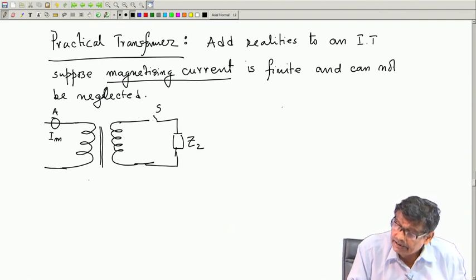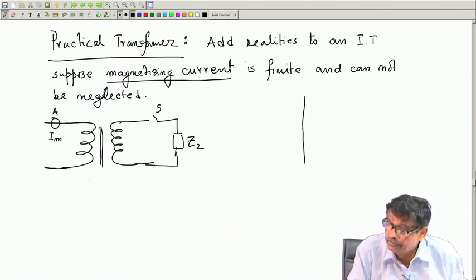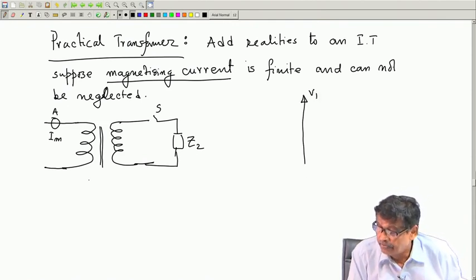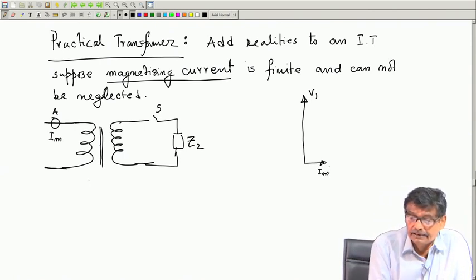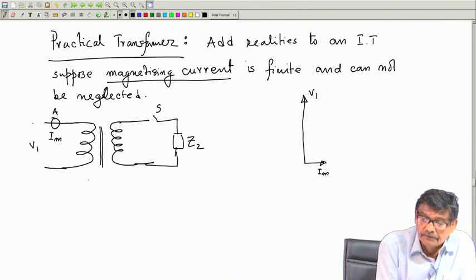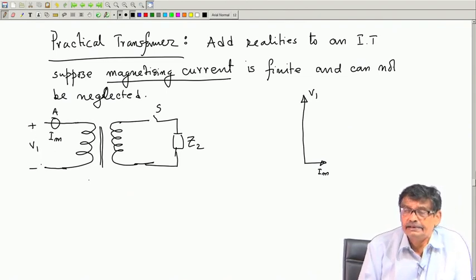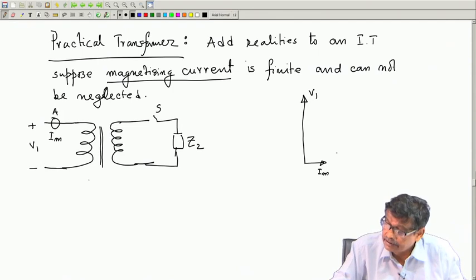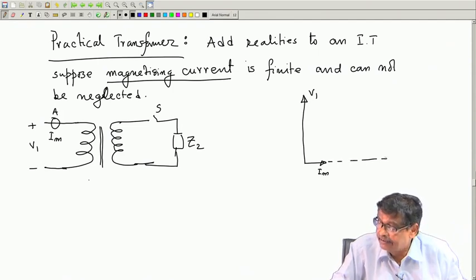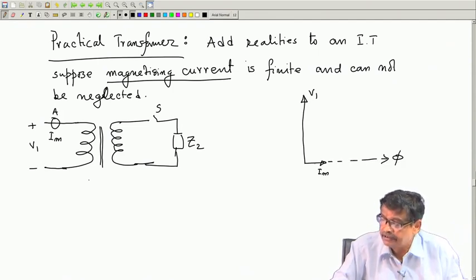So, in the phasor diagram, if I draw, this is suppose V 1, there is now a finite magnetizing current I m, which will lag the supply voltage V 1 by 90 degrees, after all it is an inductance, and this is the axis along which the flux phasor can be shown.